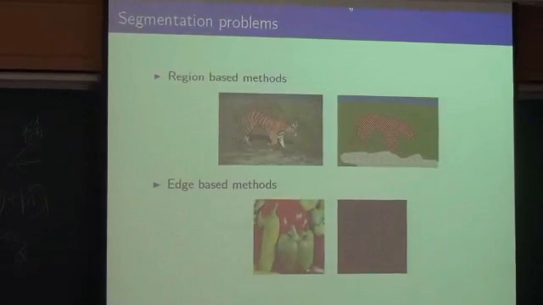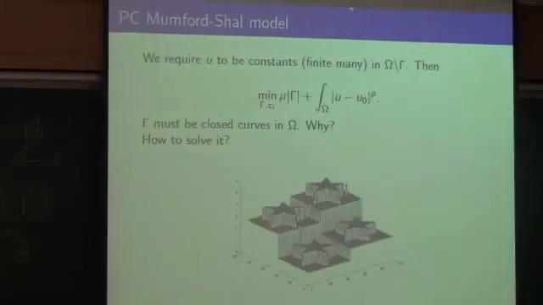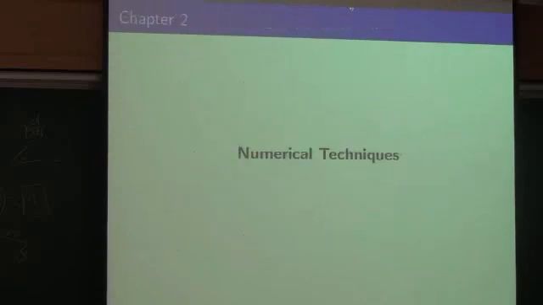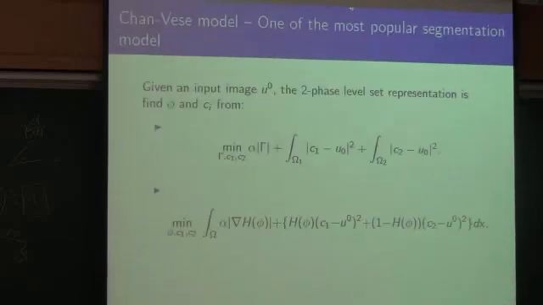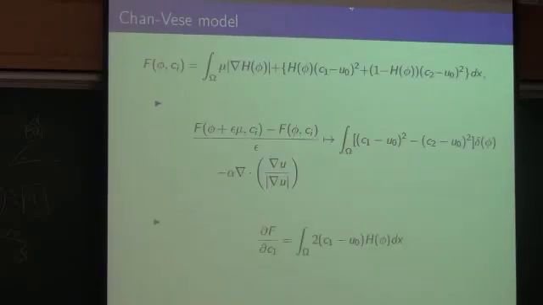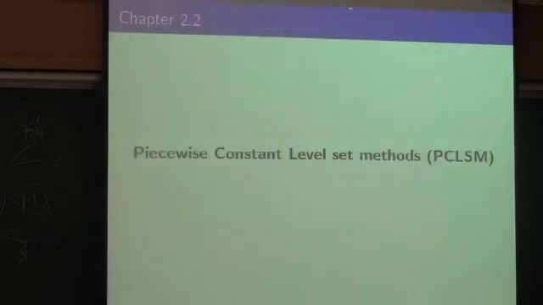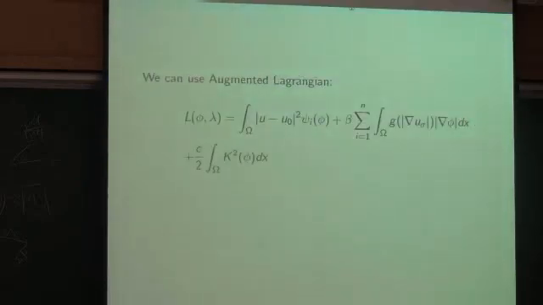Essentially I will concentrate on segmentation, introduce the older methods, the elementary models, and then I will talk about level set methods, and this is still, for many of you, the Chan-Vese model, with the piecewise constant functions.